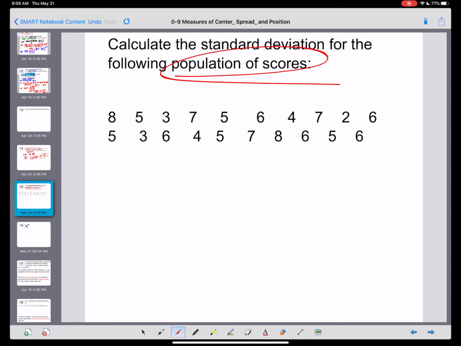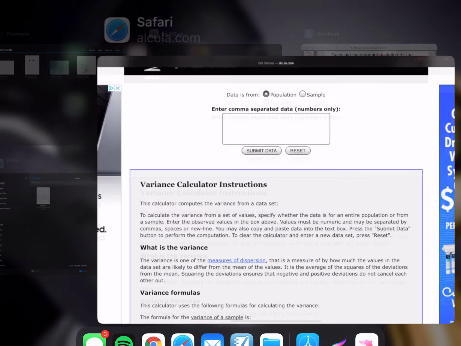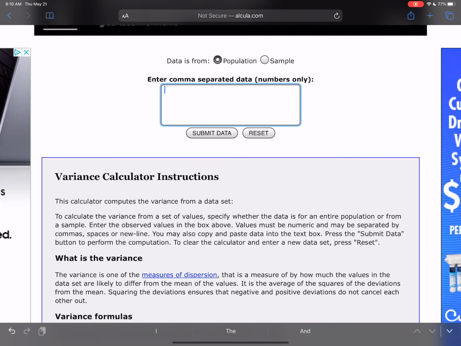I'll do this last one for you real quick. Okay, just jump back here. I am on population.